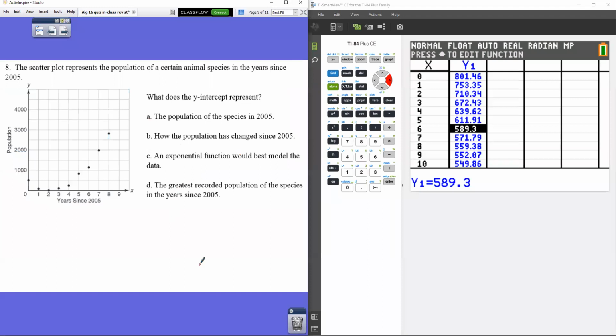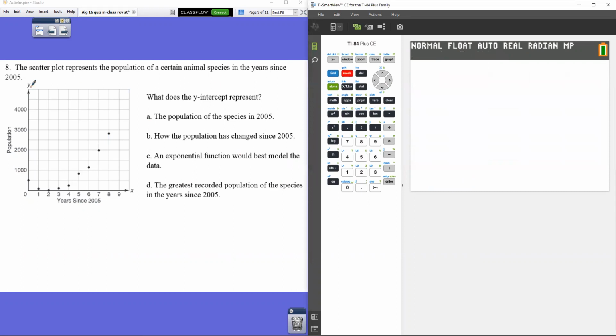For question number 8, the scatter plot represents the population of a certain animal species in the years since 2005. What does the y-intercept represent? The y-intercept is this y-axis. All right, what does this represent? Well, that y is 0 years since 2005.